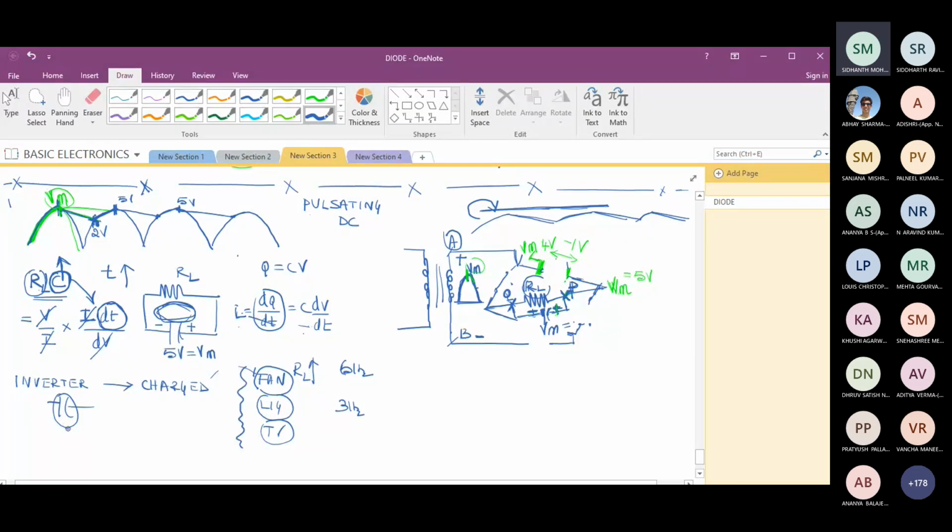But as soon as you connect the load, fan, light, TV, mixer at home, it immediately starts discharging. If all these are turned on, the discharging will be rapid. But if you turn on only the fan, it will discharge slowly. Are you getting the concept now?